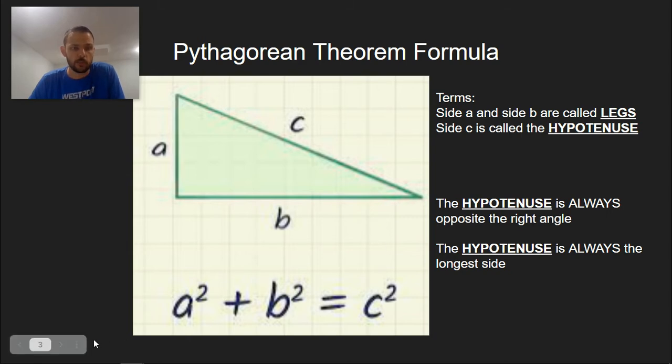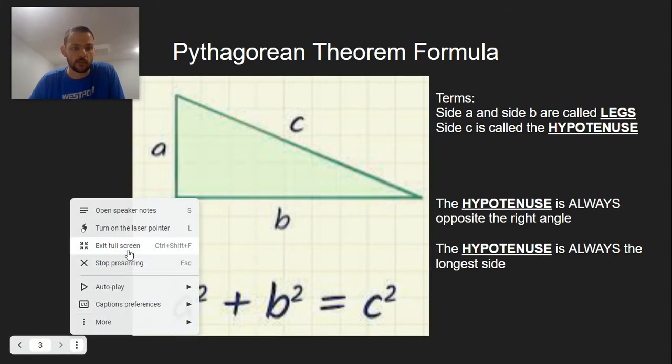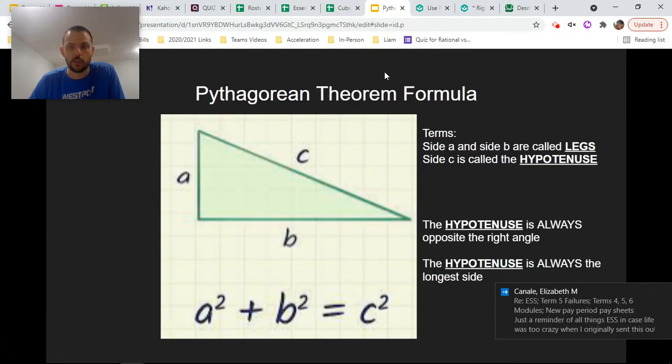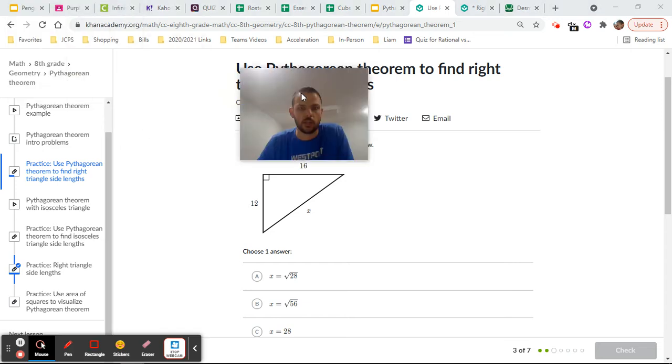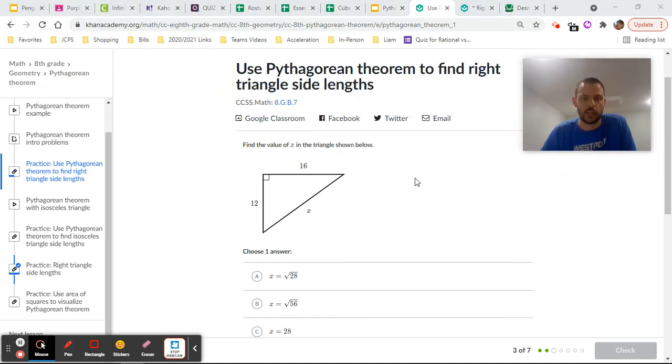So let's get into a little bit of practice. Let's look at what it actually looks like to use Pythagorean theorem. All right, so here's our first Khan Academy assignment. The first thing we've got to look at, before we start plugging this into a calculator, is what are we missing? I see my right angle right here.